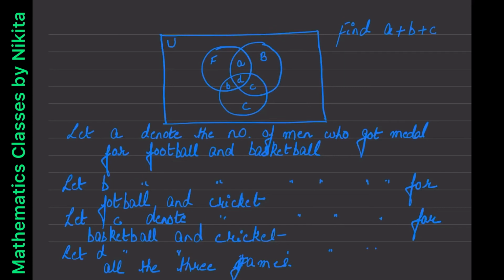C denotes the number of men who got medal in basketball and cricket but not football, so therefore we are taking only c. So this is what you have to find.